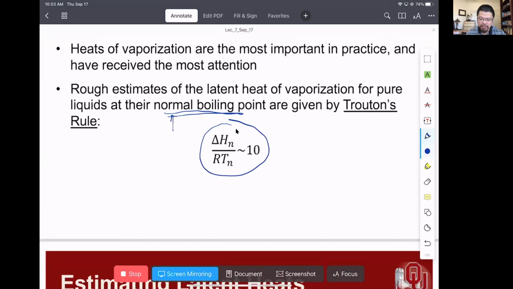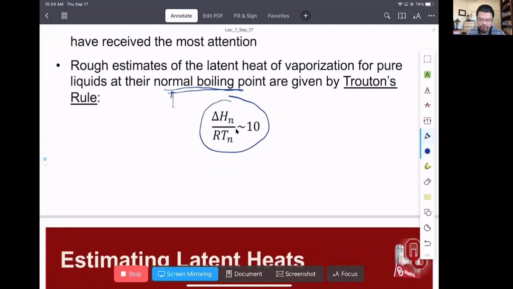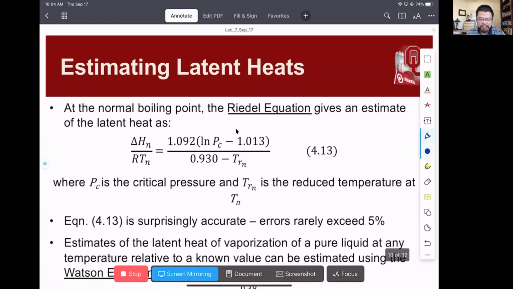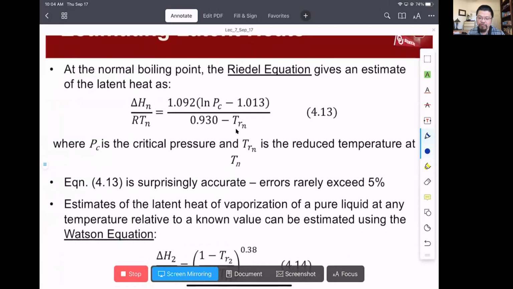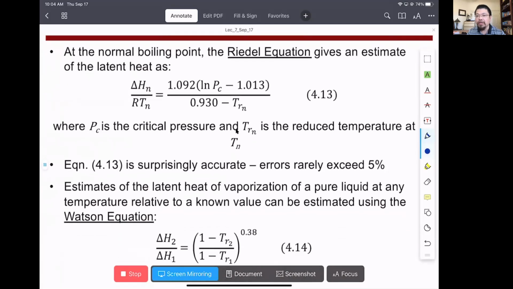We are just missing the 10 multiplied by the gas constant. That will be the coefficient. And you can see that we may have other types of equations derived by people for engineering applications.